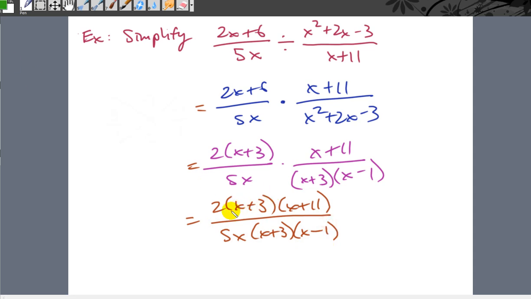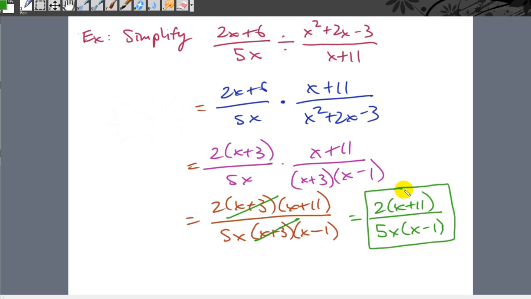As you can see here, we have the same term in the numerator and denominator, and then we just simplify. So 2 times x plus 11 divided by 5x times x minus 1. And there we go. That is basically our answer for that problem.